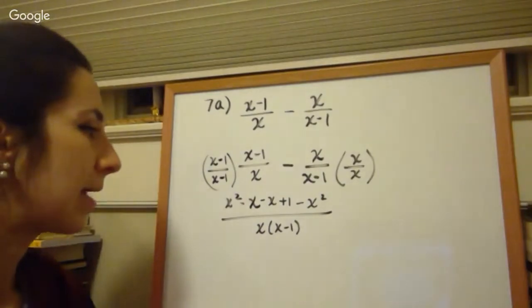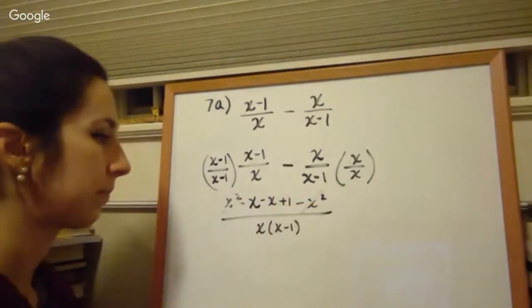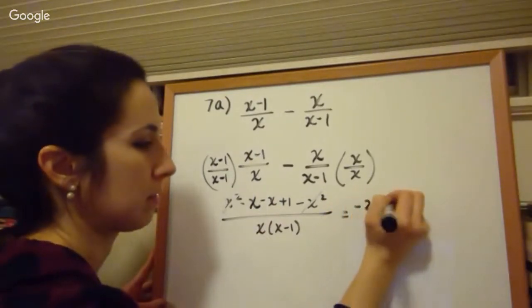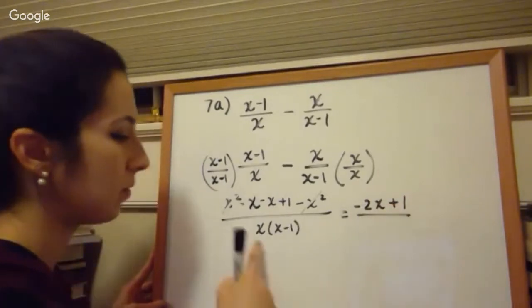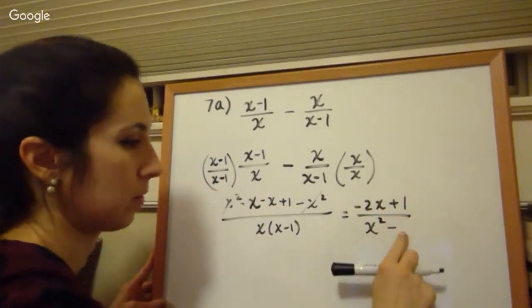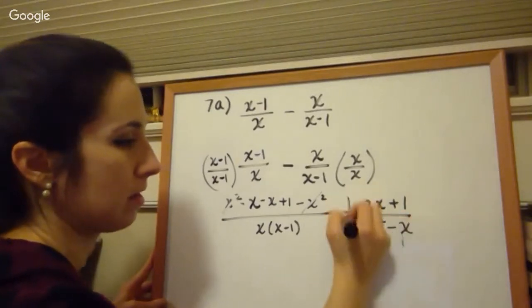All right, we can cancel all like terms, so this cancels with that. We have -x minus x is -2x plus 1. And we can just distribute this to simplify. x squared minus x. And we're done.